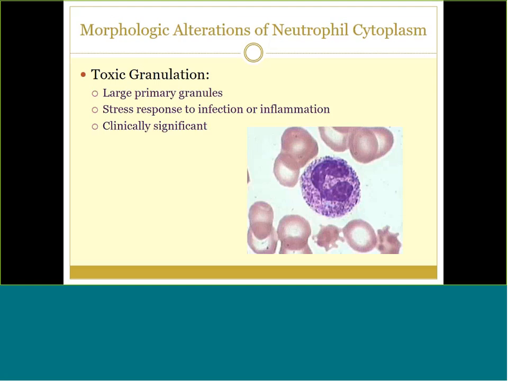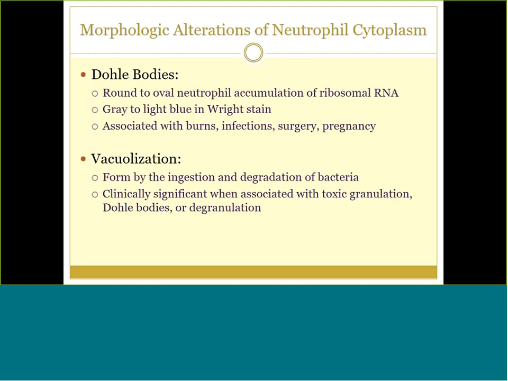So again, it's large primary granules due to a bacterial infection. The Dohle bodies, again, are that round to oval blue inclusion in the cytoplasm of a neutrophil. So as you're doing your cell counts, you have to be on the lookout for any inclusions.